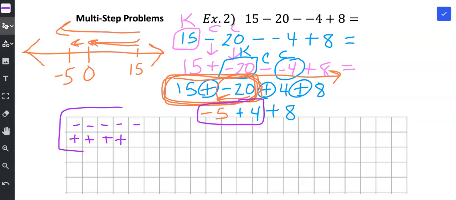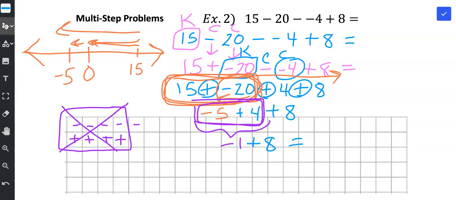And then negative 4 and positive 4, that's a 0 pair. And I'm left with 1 extra red chip. So this is going to be equal to negative 1. So what's in this rectangular box, negative 5 plus 4, became negative 1. And then I record the rest of the problem, which is we're adding 8.